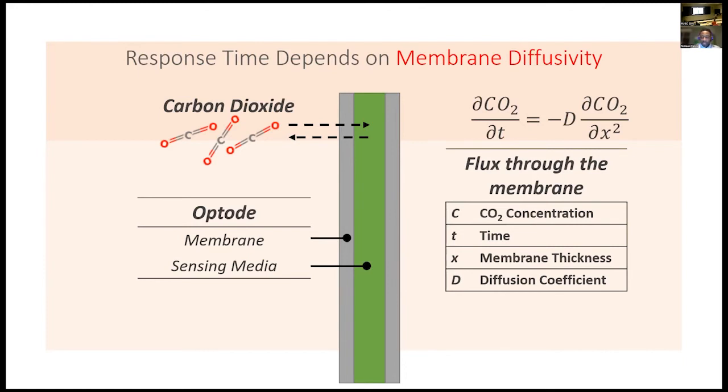So after minimizing the thickness, we were curious, maybe can we target the diffusion coefficient? And so that's where we were interested in improving the response time by improving the diffusivity by somehow modifying the diffusion coefficient.